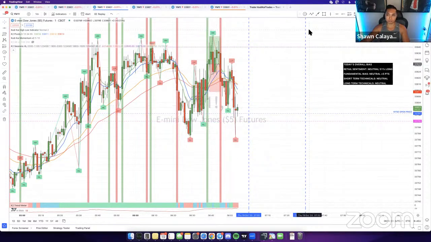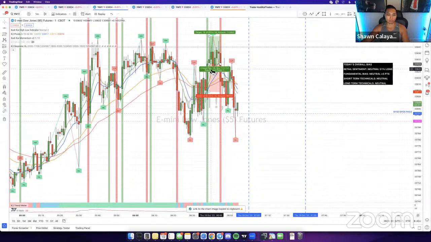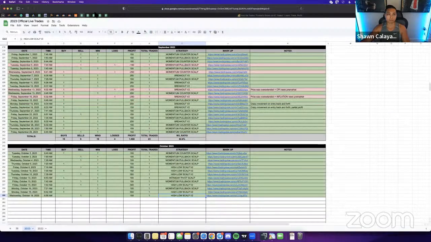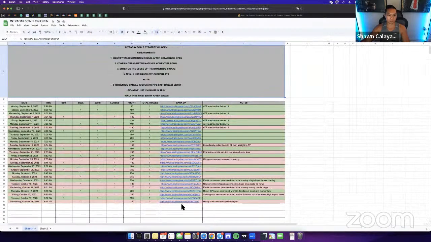This entry came up at 639. I think we were too focused on the breakout V2 that we weren't paying attention to it. But the intraday scalp on open right here just played through. So 18 points, 640. I'll put that in our spreadsheet over here. 640, 10, 19, 23.